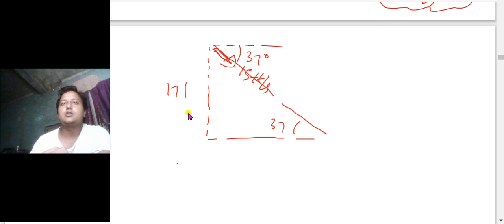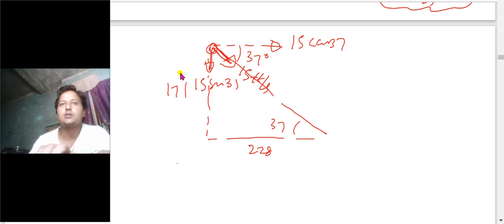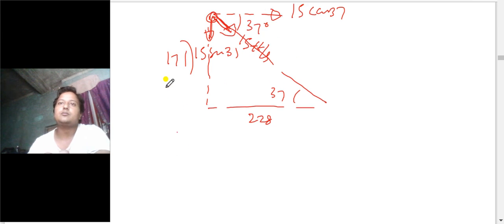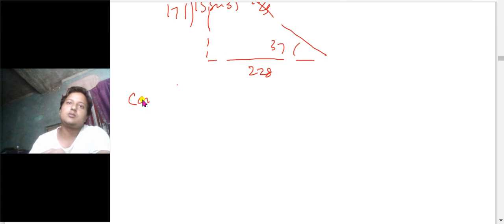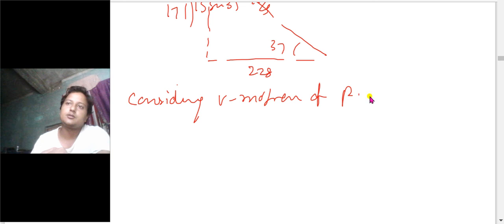This length is 171. This length is 228. So taking components, 15 cos 37 and here the speed component is 15 sin 37. Considering vertical motion of the packet.